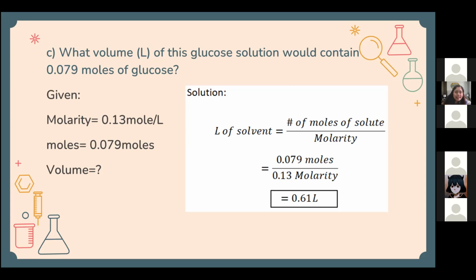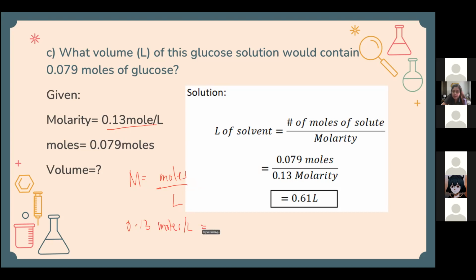Okay, sige. So this one is the other way around, pero continuous pa rin siya. So yung gagamitin pa rin natin na molarity is yung na-compute sa letter A. Pero baliktad kasi ang liters ang hinahanap. Pero the same formula, molarity is equal to moles over liter. Molarity again is still 0.13 moles per liter.